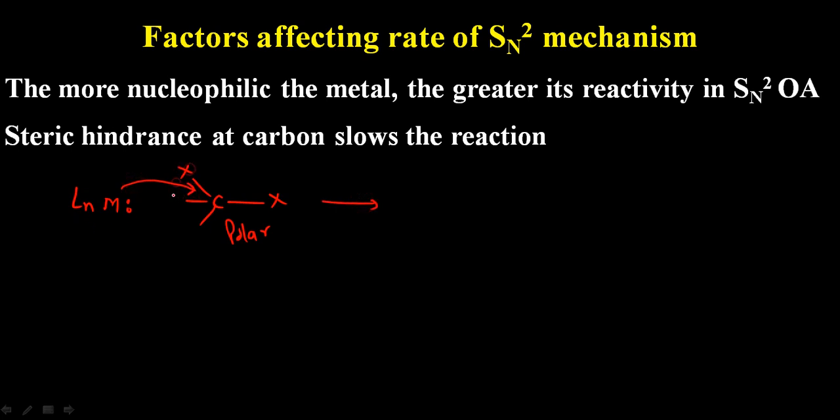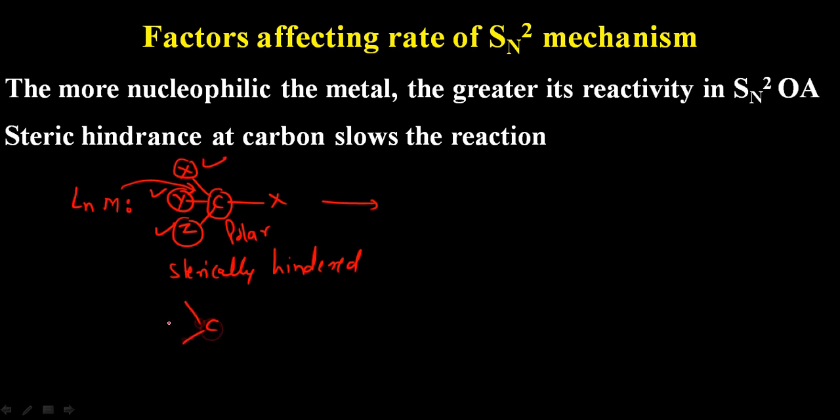If the presence of these groups X, Y and Z makes this carbon atom more sterically hindered, this metallic nucleophile can't easily attack, so this will lower the rate of the reaction. It means that these substituents attached to the carbon atom should be smaller in size so that the steric hindrance is less and the metal can easily attack.